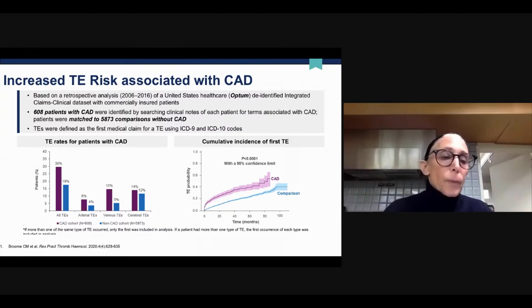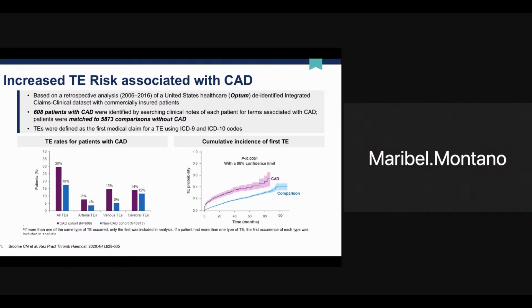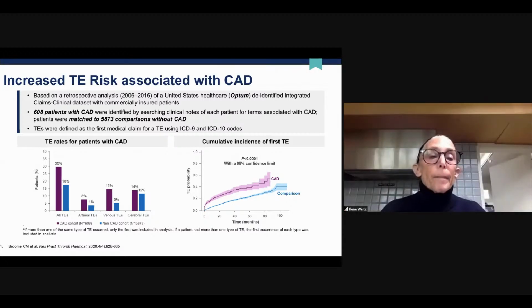So Catherine Broome, my colleague at Georgetown, looked at the risk in cold agglutinin disease. And indeed, there were 608 patients with cold agglutinin disease as she searched the Optum data set, and they were matched with almost 6,000 patients without cold agglutinin disease.